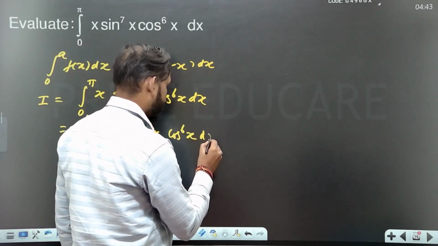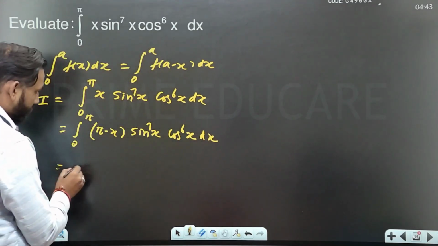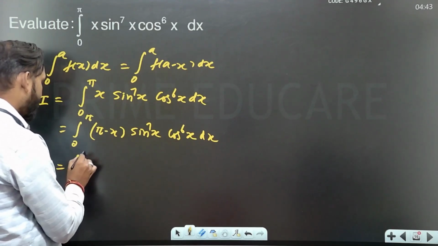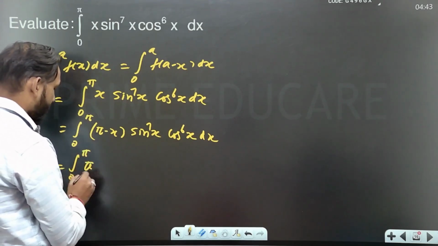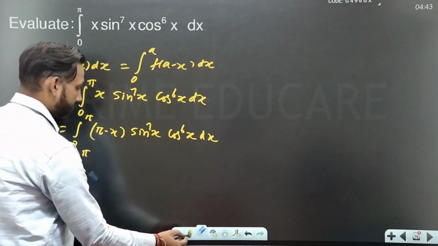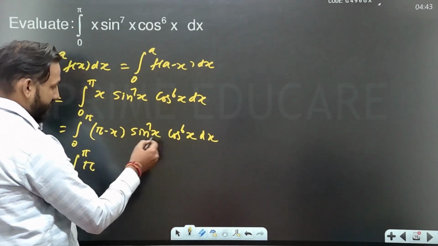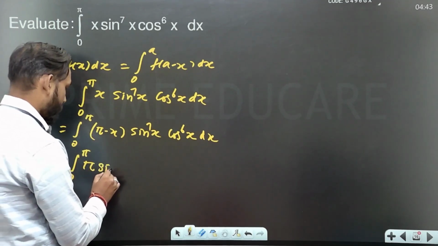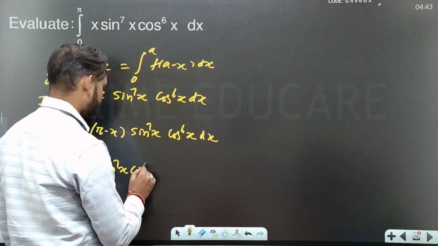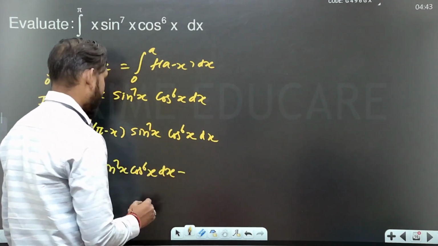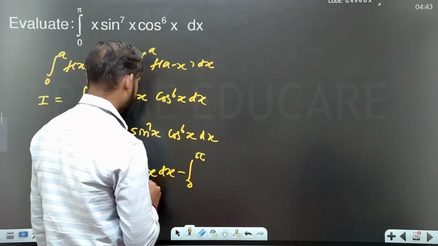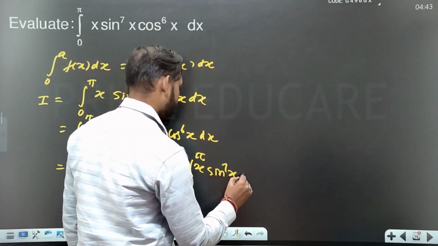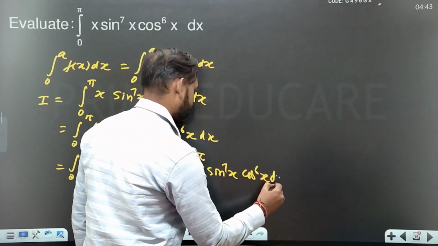cos x here. Now, in the particular manner, we multiply these two things inside the bracket: pi times sine to the power 7x cos 6x dx, and then minus the integral from 0 to pi of x sine to the power 7x cos to the power 6x dx.